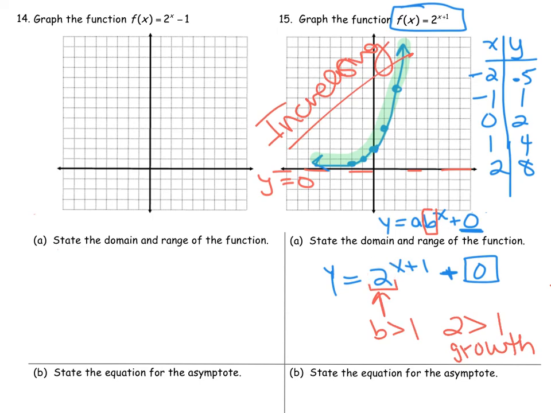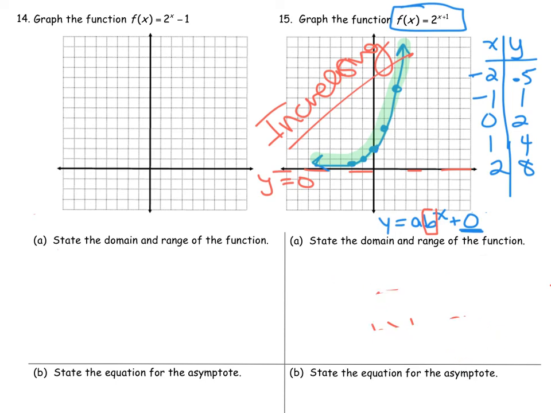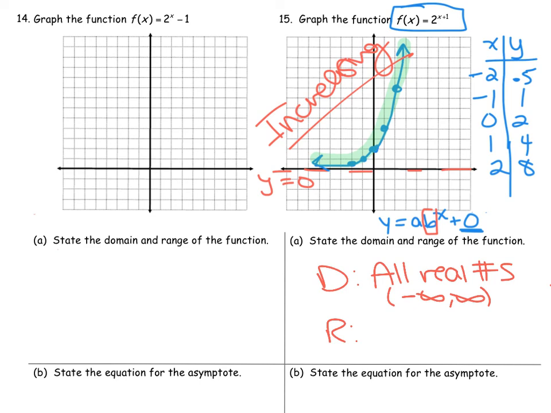Okay? All right, so now let's take a look at domain and range. So we have domain is always going to be all real numbers. So let's write that in here. Domain is all real numbers. Okay, so that's negative infinity to positive infinity. My range, well, all my y values are bigger than 0.